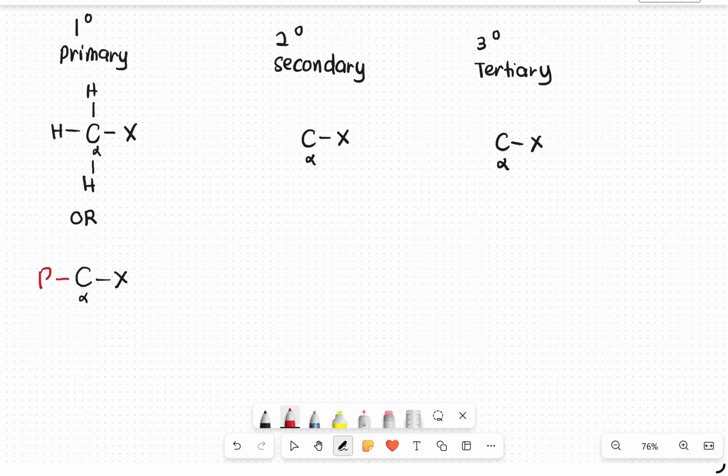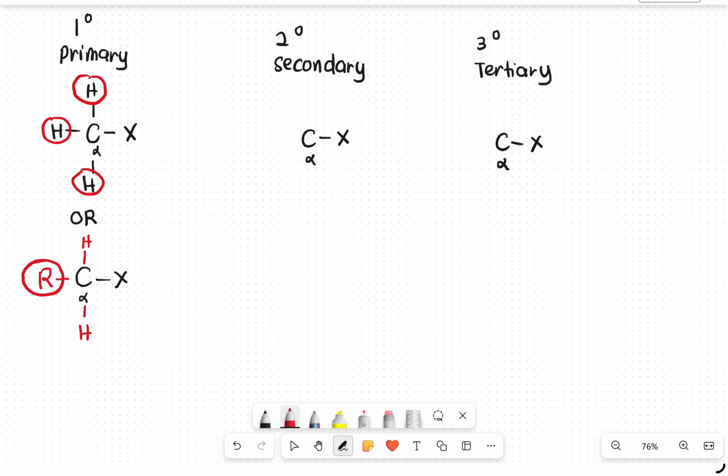This is 1 R, alkyl. It can be ethyl, methyl, propyl, pentyl, and so on. It doesn't matter; you have to identify it. The other 2 remain hydrogen. So primary is either 1 R group attached or all hydrogen attached to the alpha carbon. That's it.